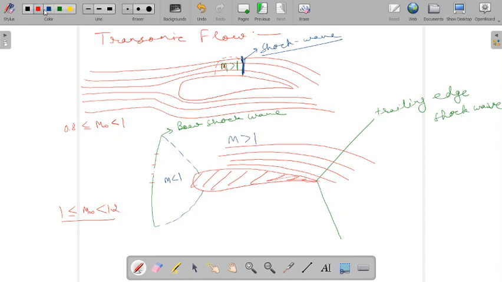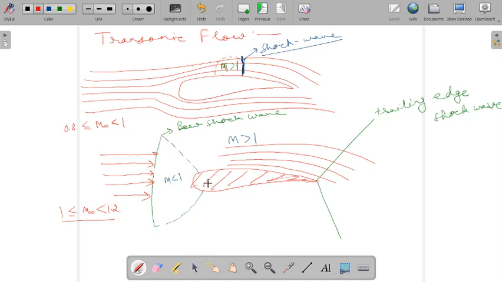Initially, whenever the free stream is approaching, the streamlines are parallel and almost normal to this bow shock wave. However, at this point suddenly the Mach number becomes less than 1, so there is a sudden transition in streamline pattern, a sudden transition in properties.